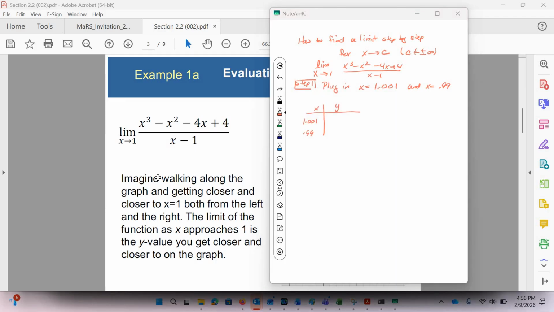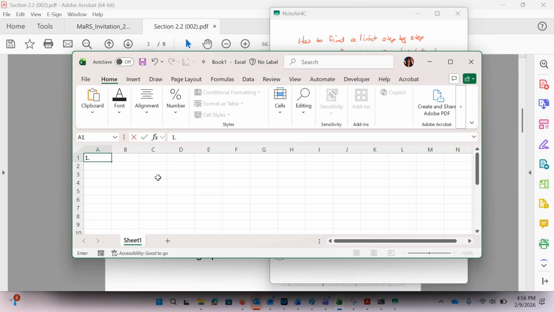So I'm going to put in 1.001 here for my x, and 0.99, and then my y value is x cubed, which instead of x, I'm going to have A2 cubed minus A2 squared minus 4 times A2 plus 4, divided by A2 minus 1.